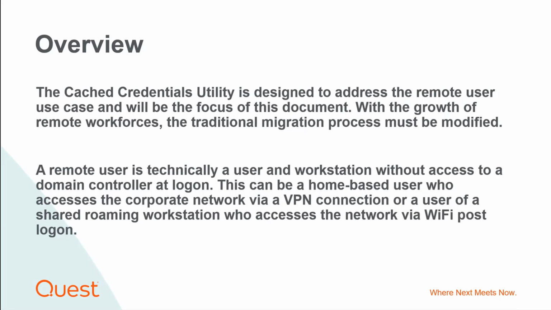So the cache credential utility looks to solve this problem by allowing the end user, when they install the utility, to also cache their target credentials, so that when they reboot the machine, they can log back in.